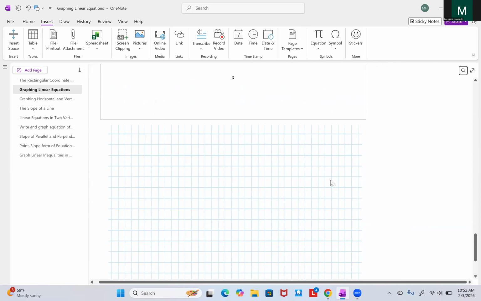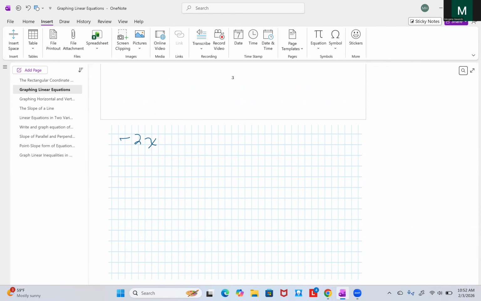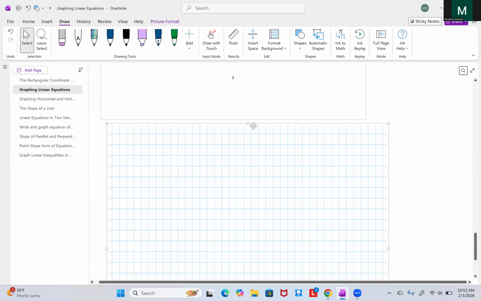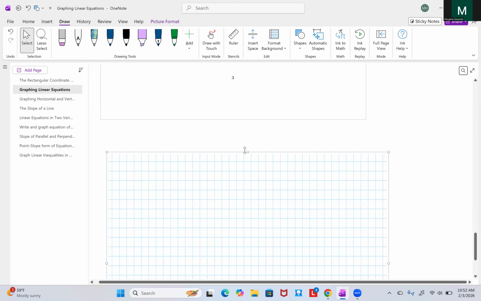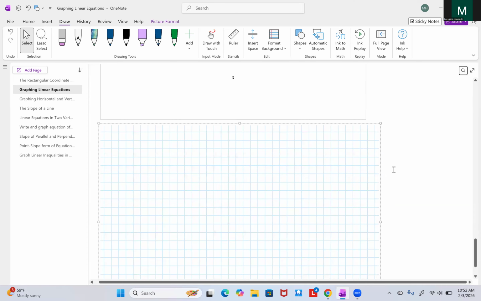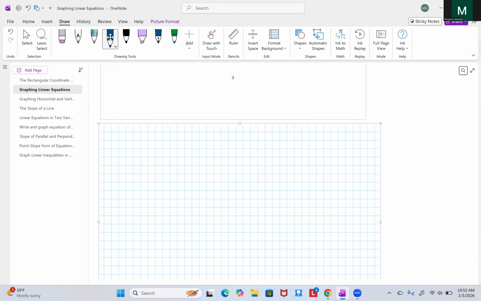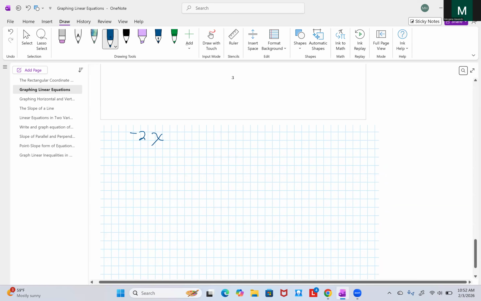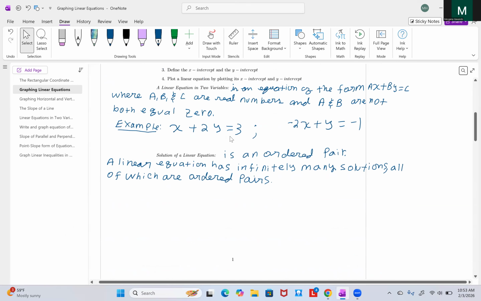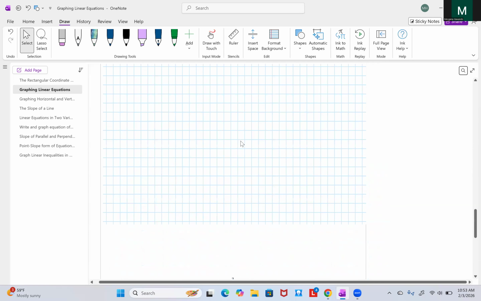So we're going to graph minus 2x plus y is equal to -1.